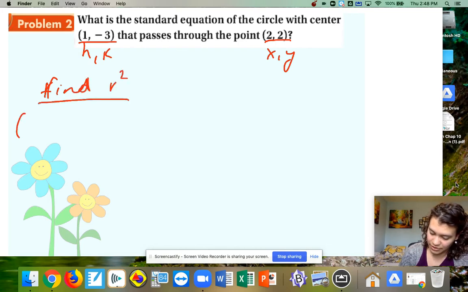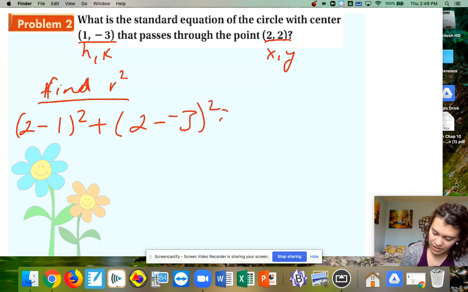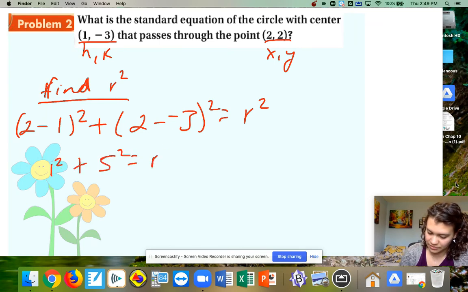So plug into your formula the x and the h this time. So (2 minus 1) squared plus (2 minus a negative 3) squared equals the r squared. So then you'll get 1 squared plus 5 squared equals r squared, which is 1 plus 25, which is 26.